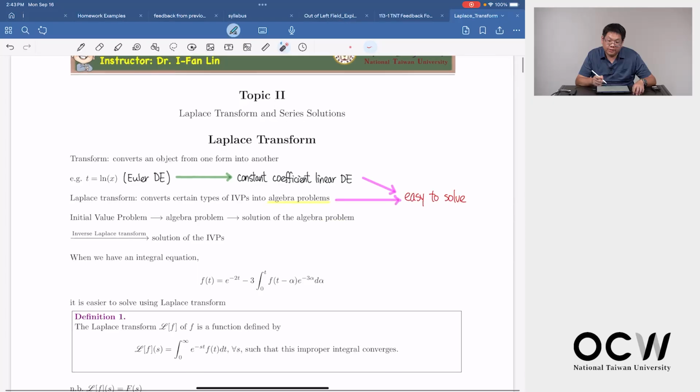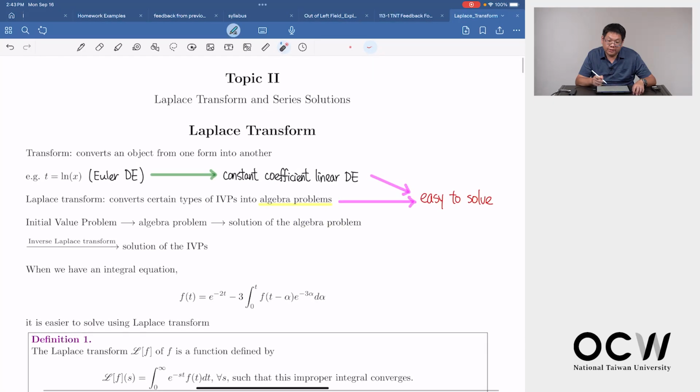All right. Which means that for the initial value problems, we transform that to the algebra problem. And for these algebra problems, we can find the solution of the algebra problem. And later on, you use the inverse Laplace transform to get back to the solution of the initial value problems.